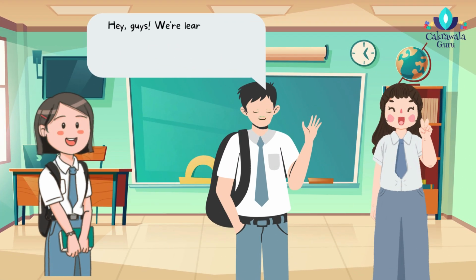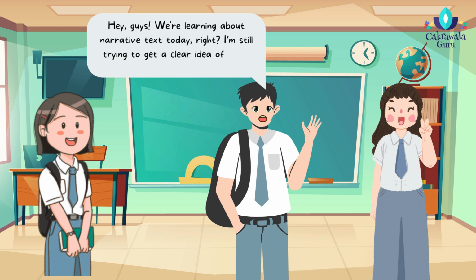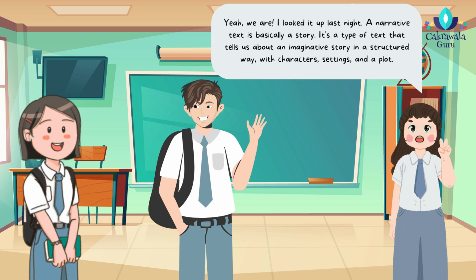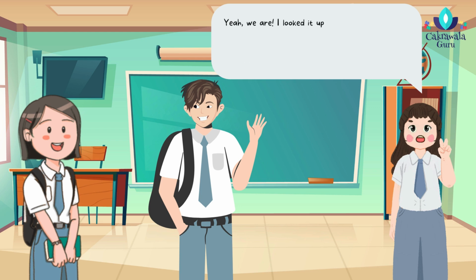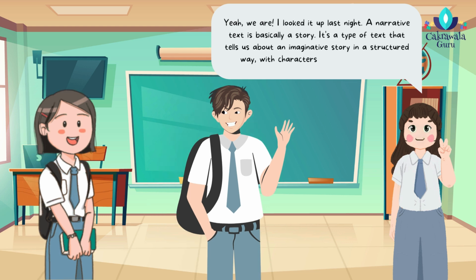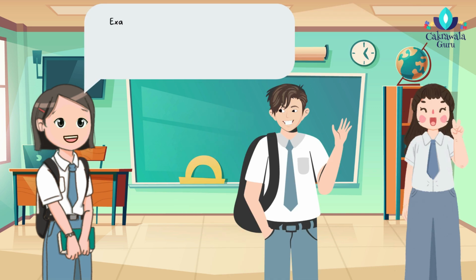Hey guys, we're learning about narrative text today, right? I'm still trying to get a clear idea of what that actually is. Yeah, we are. I looked it up last night. A narrative text is basically a story. It's a type of text that tells us about an imaginative story in a structured way, with characters, settings, and a plot. Exactly.